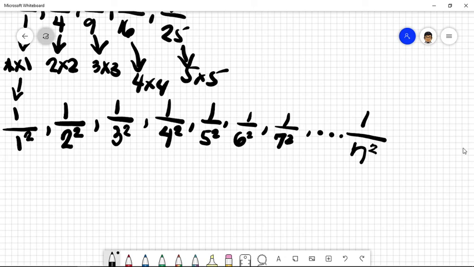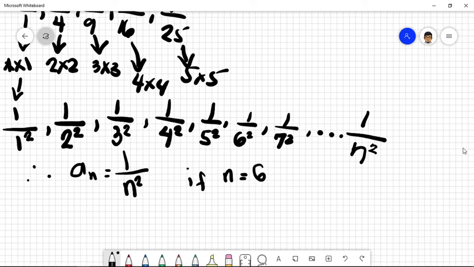Therefore, a sub n is equal to 1 over n squared. Now, let's check. If n is 6, this is your 6th term. Hanapin mo yung pang-anim na term.